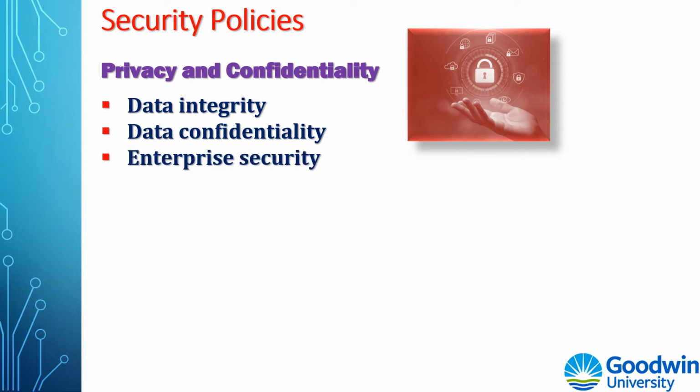There's enterprise security, which is the global security. Physical security measures are things like locks, biometric scans, etc. I just read an article about biometric security measures, where you do fingerprint scans or eye scans.